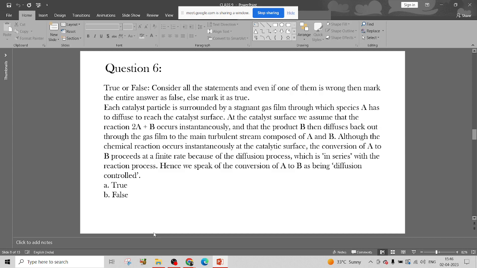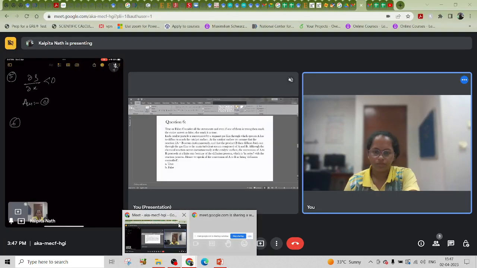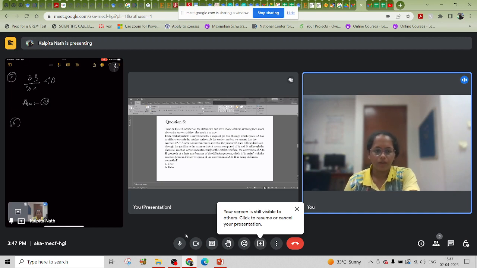At the catalyst surface, we assume that the reaction A to B occurs instantaneously, and then the product B diffuses back through the gas film to the main turbulent stream composed of A and B. Although the chemical reaction occurs instantaneously at the catalytic surface, the conversion of A to B proceeds at a finite rate because of the diffusion process, which is in series with the reaction process. Hence, we speak of the conversion of A to B as being diffusion controlled. Answer whether it is true or false. Think about it for a minute and then you can answer.